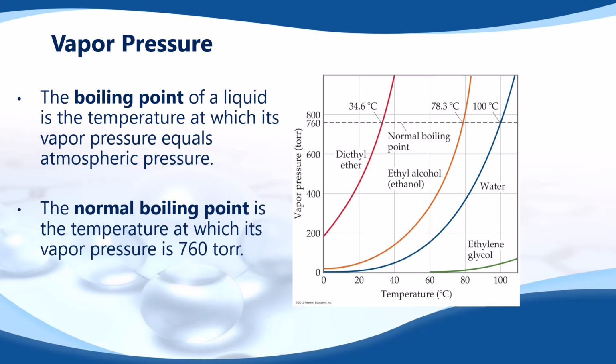So the normal boiling point is the temperature at which the vapor pressure is 1 atmosphere. And as we can see, diethyl ether, boiling point 34, ethyl alcohol, 78, water, our well-known 100 degrees.